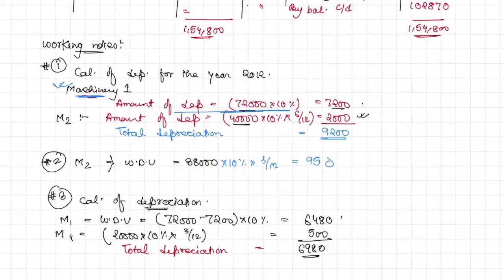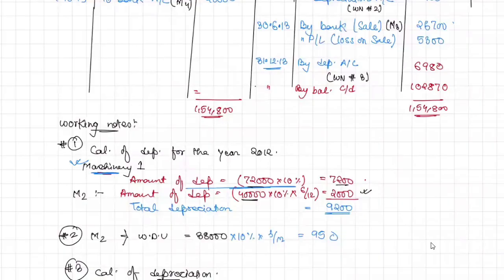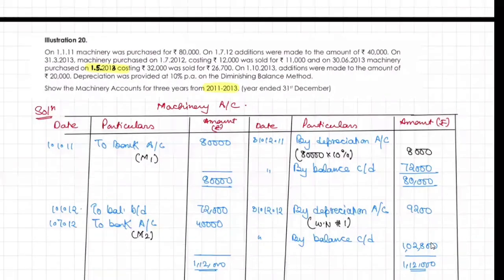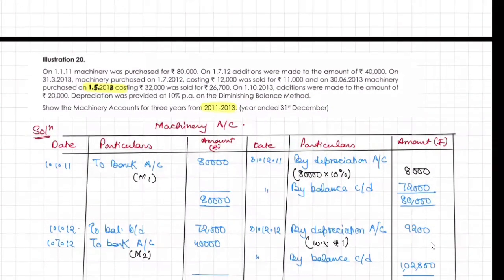Now we'll see another method of depreciation. Okay, so let's move ahead. Now see actually what has been done in the book is completely as per AS10. But since I have not gone into AS10, that's why I have amended the question a bit and solved it the easy way.